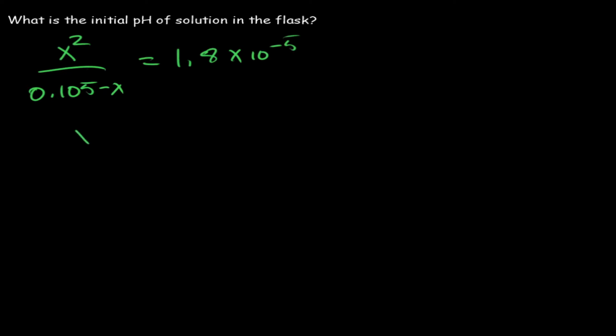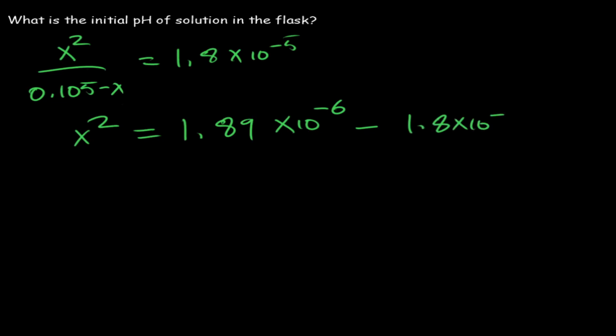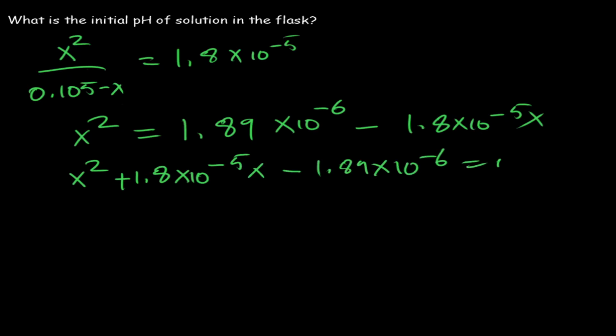So let's use the quadratic formula to solve for X. X squared over 0.105 minus X is equal to 1.8 times 10 to the negative 5. We can rearrange this equation to get X squared is equal to 1.89 times 10 to the negative 6 minus 1.8 times 10 to the negative 5 X. And we could rearrange this into X squared plus 1.8 times 10 to the negative 5 X minus 1.89 times 10 to the negative 6, set equal to 0.